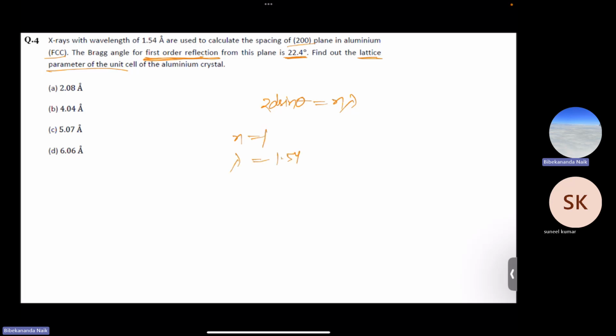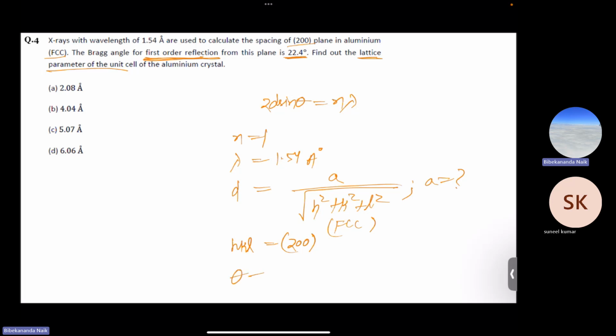Lambda is 1.54 angstrom. d is a divided by root of h square plus k square plus l square, since it is FCC. a we need to find out. hkl is given, 200, and the Bragg angle is 22.4 degrees.